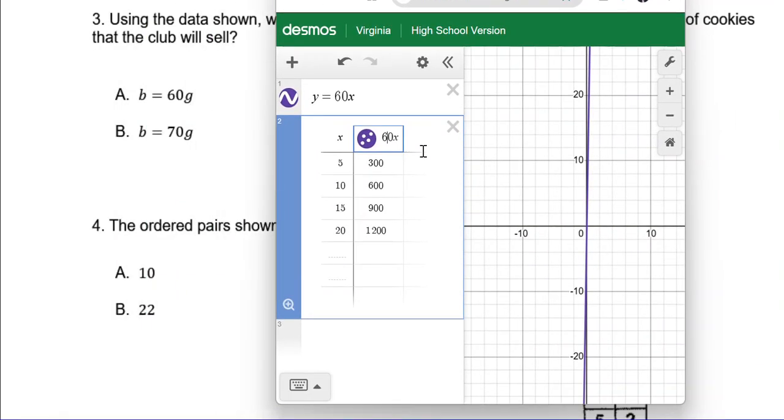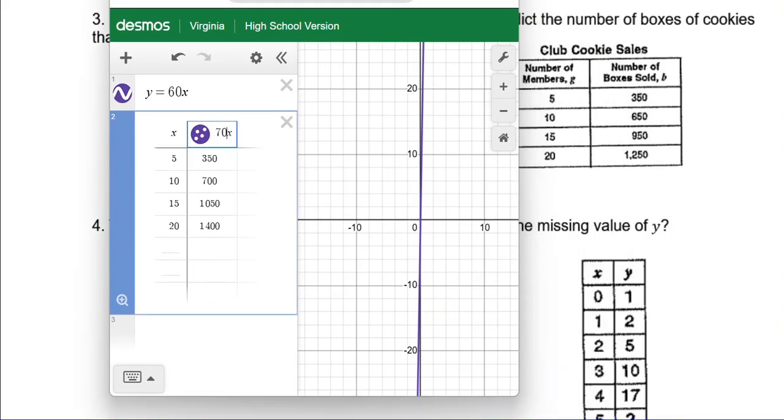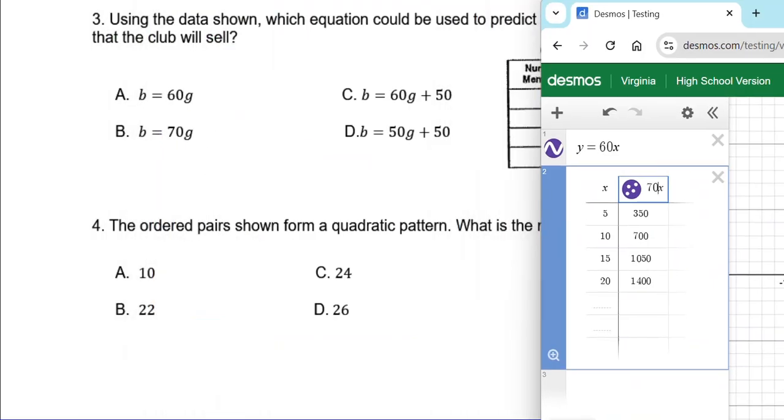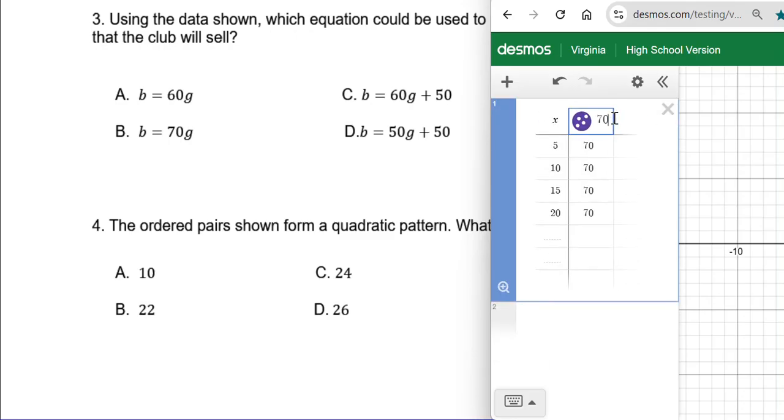Let me change this to 70. Let's check. Almost, but not really. And then this one, let me just plug this in. So y equals 60x plus 50.